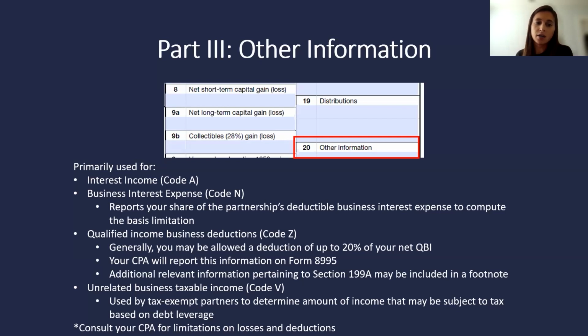Next is the unrelated business taxable income. This is denoted by code V. This is typically used by any tax-exempt partners to determine any amount of income that may be subject to tax based on debt leverage. Again, all of these things you should consult with your CPA to understand the limitations on losses and your deductions.